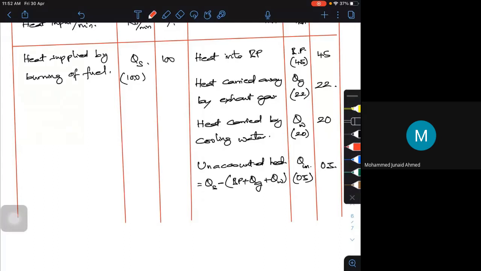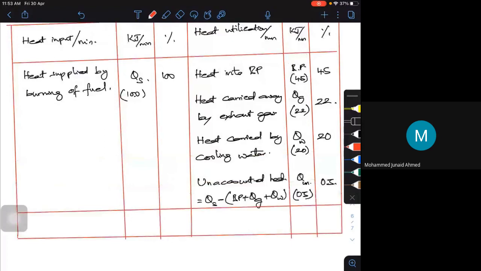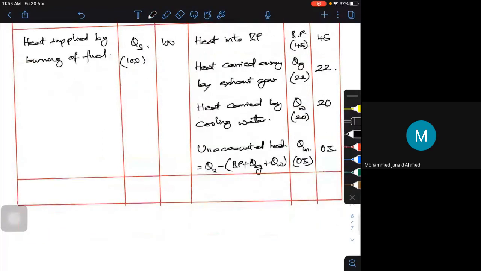it has to balance. It is nothing but your balance sheet, just like your balance sheet. It has to balance, LHS and RHS. If I add everything, this is 100%, your heat supplied.